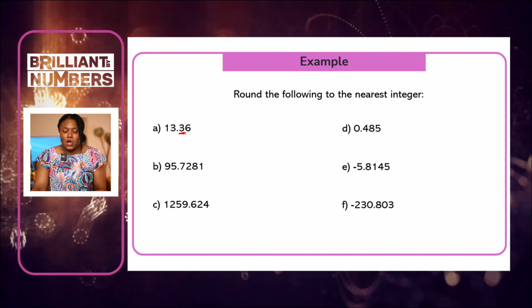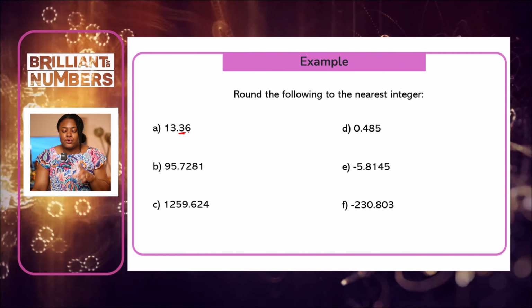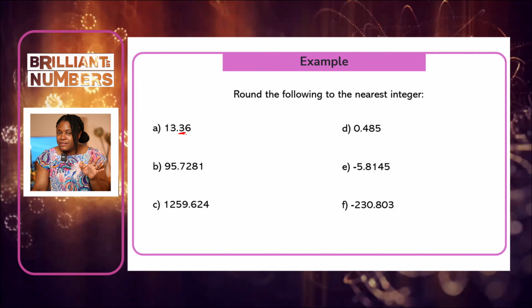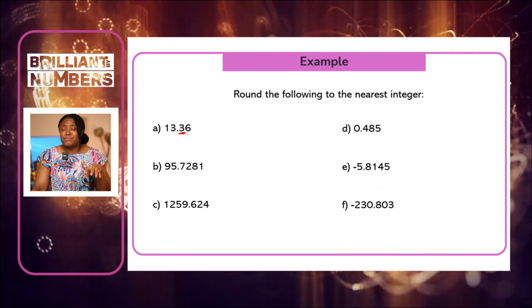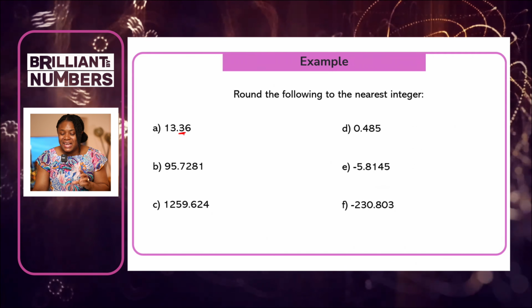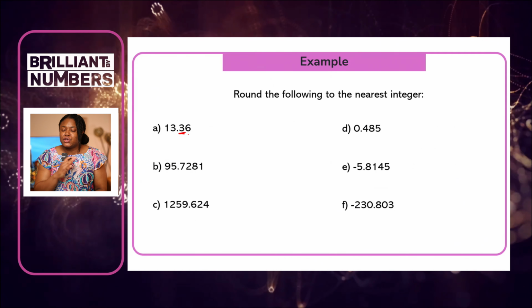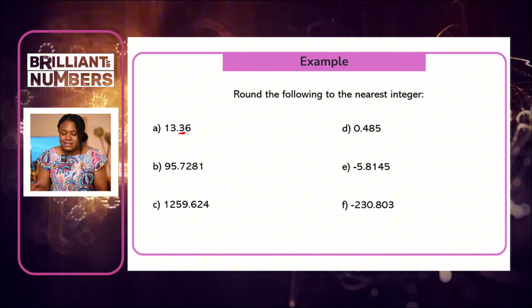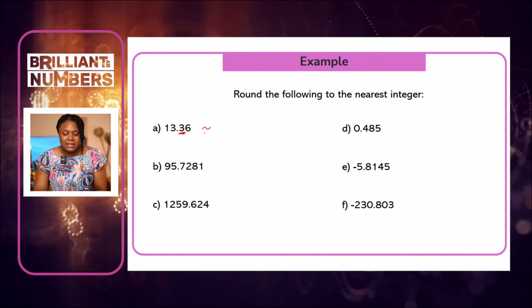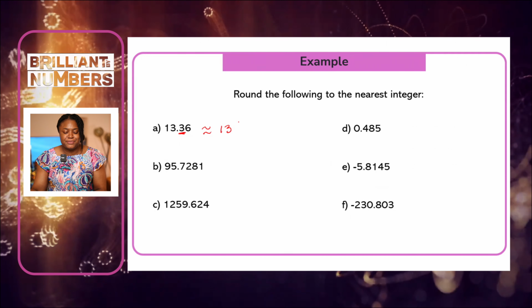We now focus on, am I rounding up or am I rounding down? So 3 is less than 5, so I've got to round this number down. Remember, rounding down means keeping the value exactly as it is, putting away everything to the right, including the decimal point. So this is approximately 13 as a whole number, closer to 13.